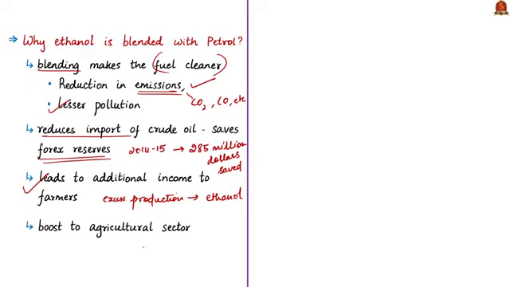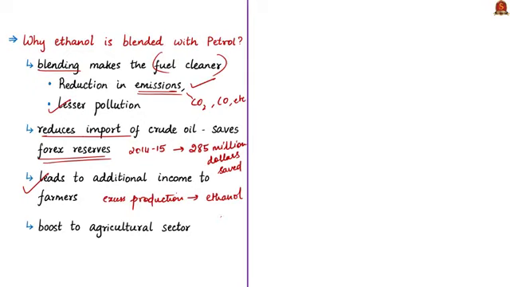This means the ethanol producing companies will get remunerative prices. So more and more ethanol will be produced and sold for the purpose of blending in petrol. This also means more sugarcane will be purchased from sugarcane farmers. In this way, the new announcement of increasing the procurement price of ethanol will benefit the dependent stakeholders.